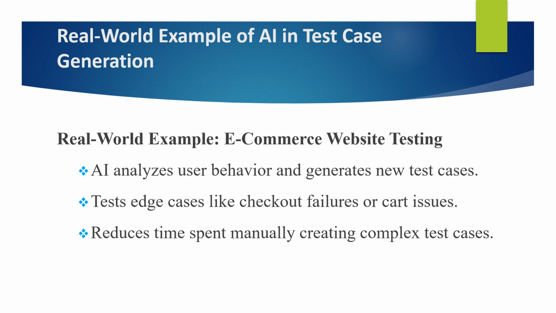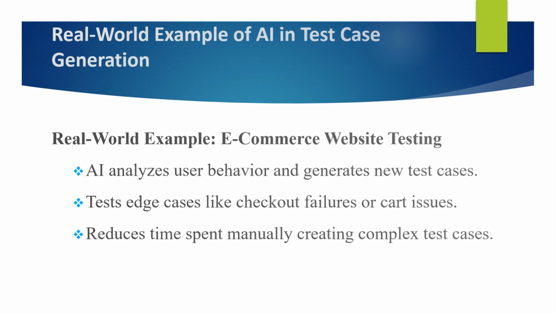By analyzing past user behavior and test results, AI could suggest new test cases for edge scenarios, like what happens if a user tries to check out without adding any items to the cart. These are the subtle improvements AI brings to the table, making your QA more comprehensive and adaptive.